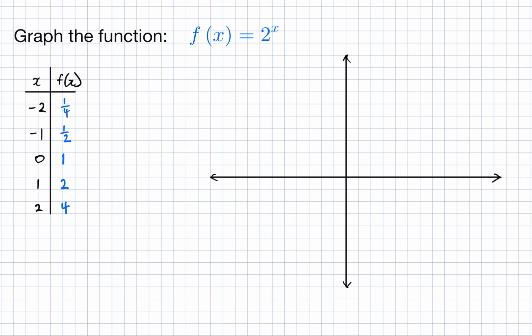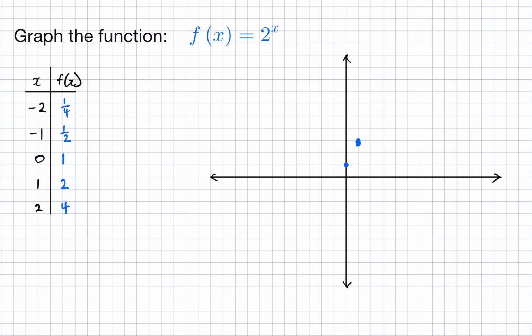Okay, so let's go ahead and plot these points. First thing to do is plot 0, 1. And 0, 1 puts us right about here. And then the next coordinate is 1, 2. 1, 2 puts us right at this point here.